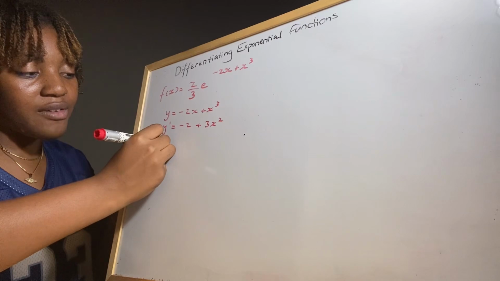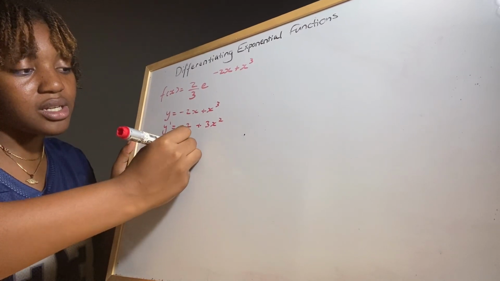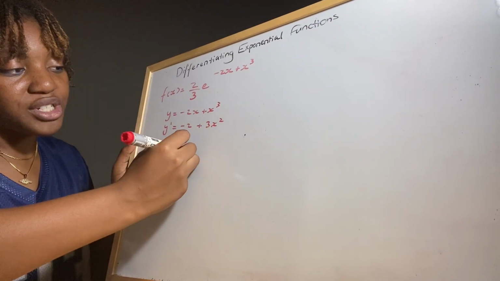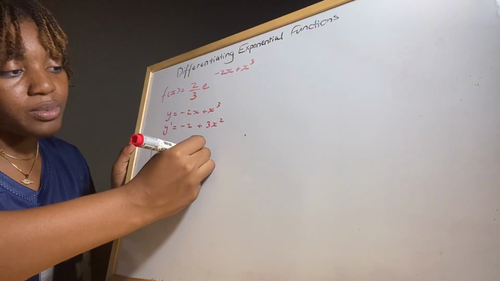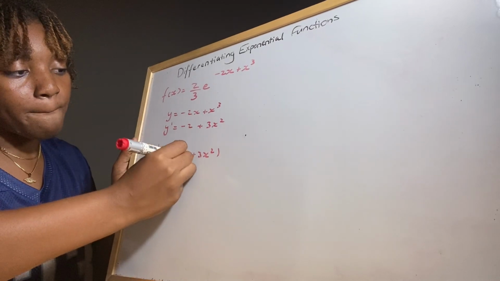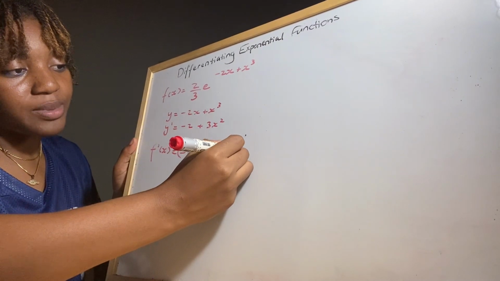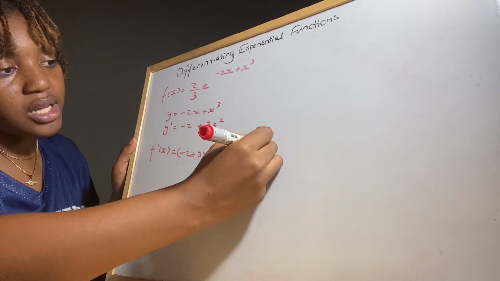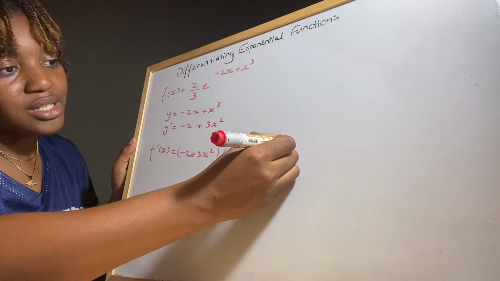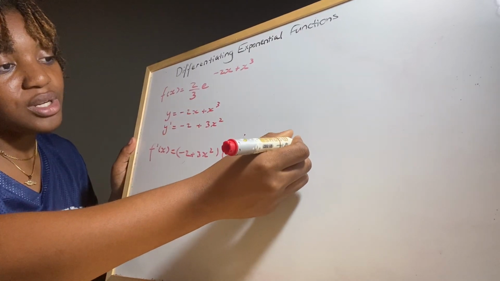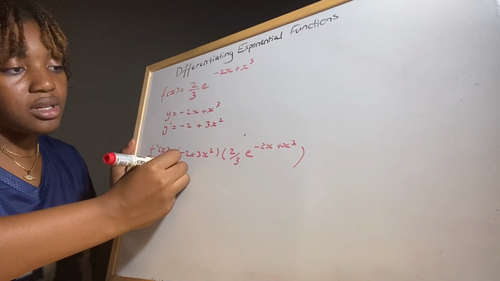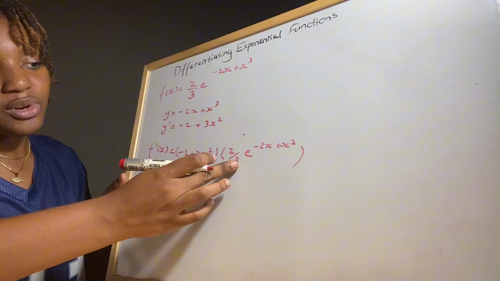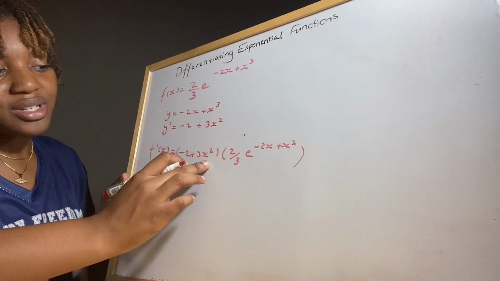So we have f prime of x is equal to, let's put the differentiated power there, so negative 2 plus 3x squared, and that would be multiplied by the 2 over 3 times the e raised to negative 2x plus x cubed, because we're leaving it as it is. We can choose to leave it like this, or we can multiply the 2 over 3 by what's in the bracket.